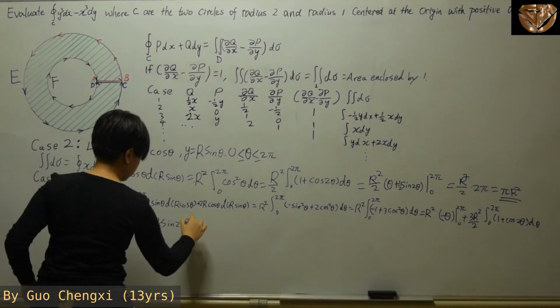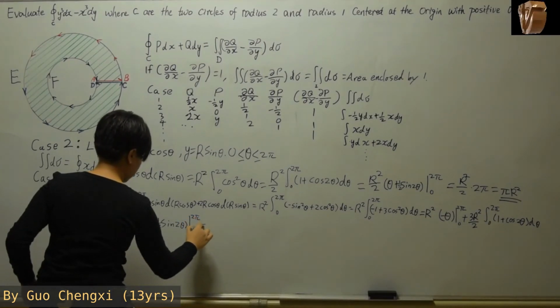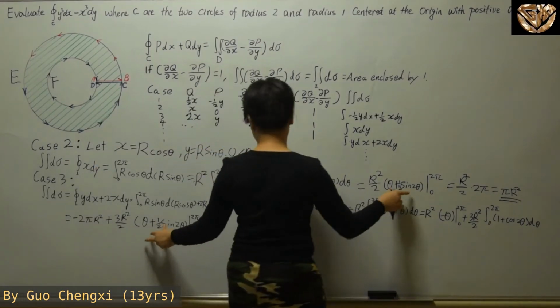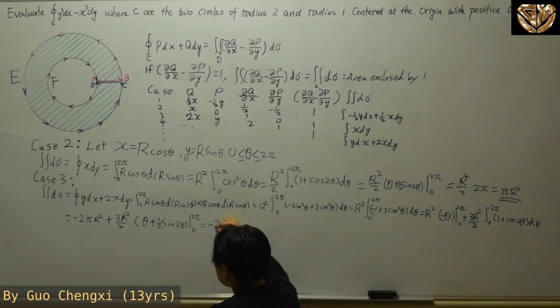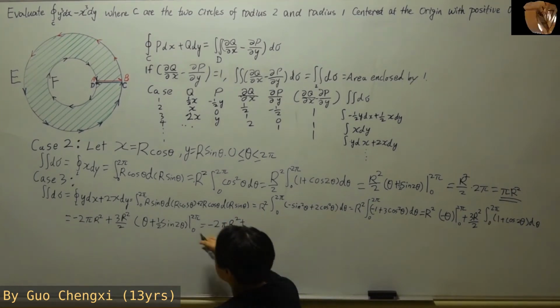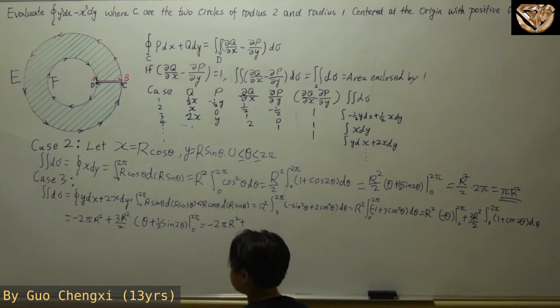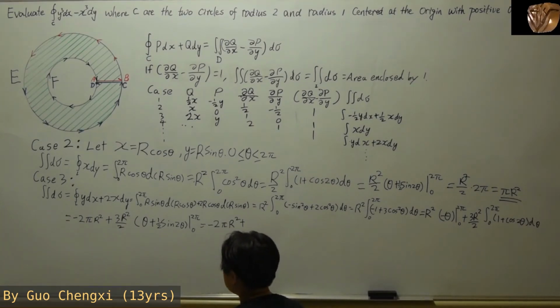and then from 0 to 2 pi, and to be honest, if you realize these two are just the same case. And then for this part, once again, sine 0 is 0, sine 4 pi is still 0. And then when you substitute theta is equal to 0, it's still 0.